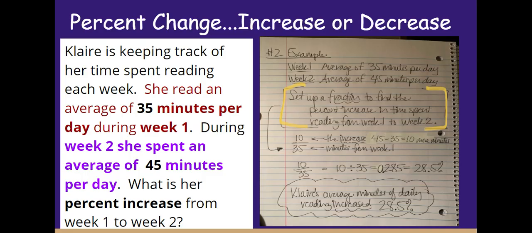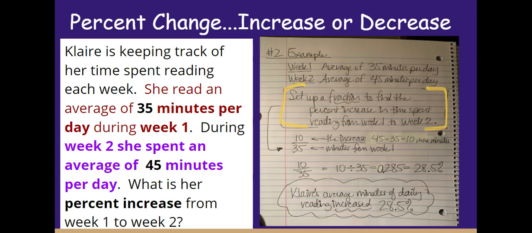That is the multiplier. If in a different story about the same situation, Claire kept track of her time spent reading, she read an average of 35 minutes per day during week 1. If her average daily reading increased by 28.5%, then how many minutes did she read on average during week 2?